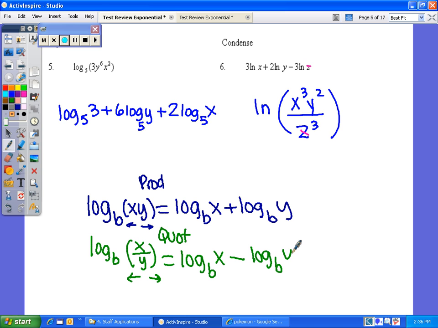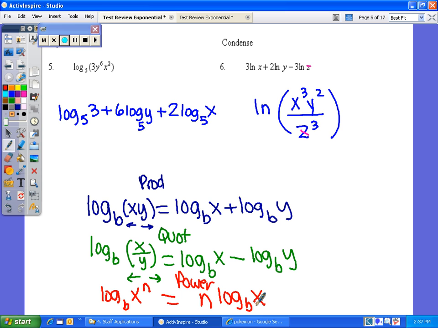And then also with expanding and condensing, you have the power rule. The power rule says that if you have something that's written as a power, that power can drop down and be a coefficient.